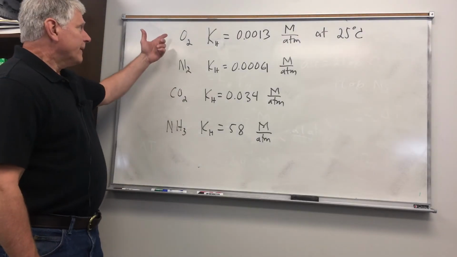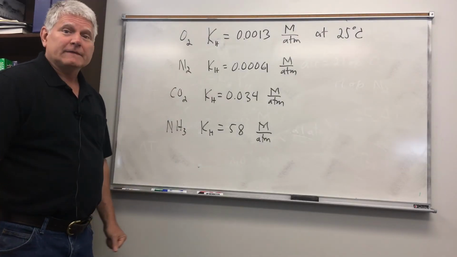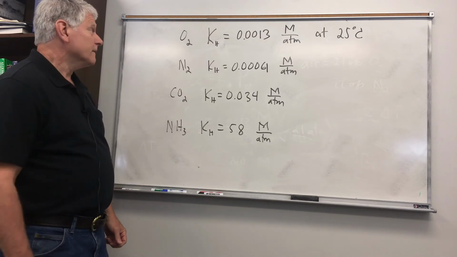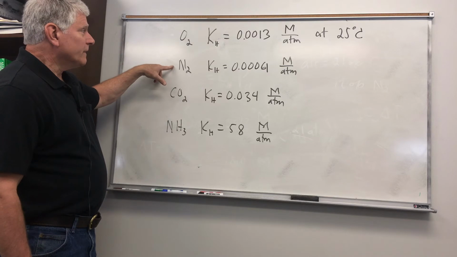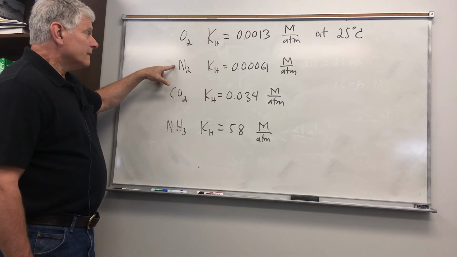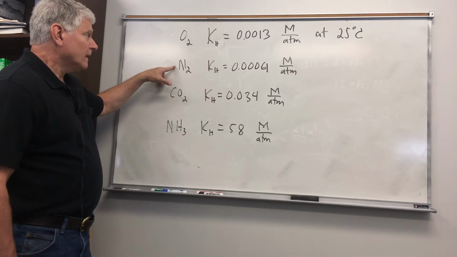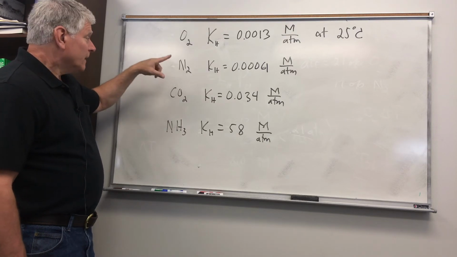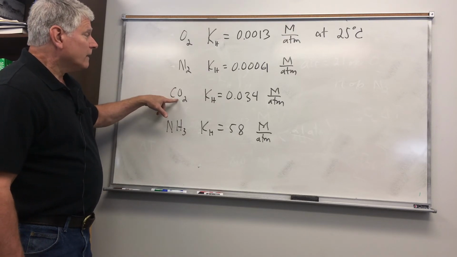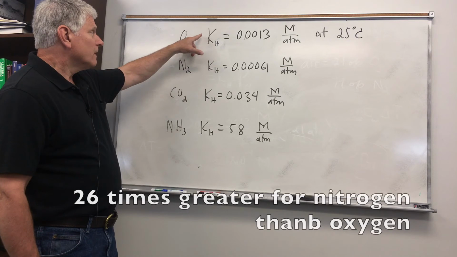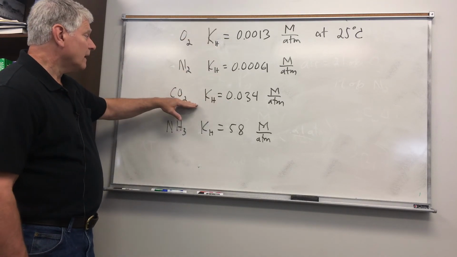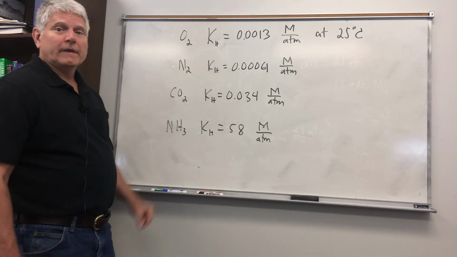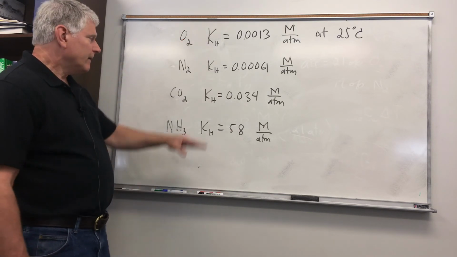Okay, just as a comparison, let's compare a few gases and their Henry's law constants. So we saw oxygen, and if we look at nitrogen, it's less than oxygen, so less nitrogen dissolves in water. Then if we look at carbon dioxide, more carbon dioxide can dissolve in water than oxygen, so we can have carbonated beverages.